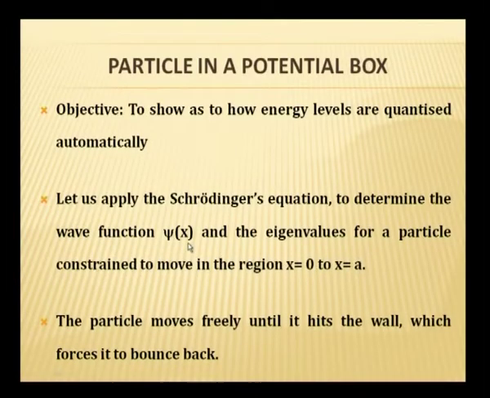Let us apply Schrodinger's wave equation to determine the wave function psi of x and the eigenvalues for a particle constrained to move in the region x equal to 0 to x equal to a, the one dimensional box. The particle moves freely until it hits the wall, which forces it to bounce back.